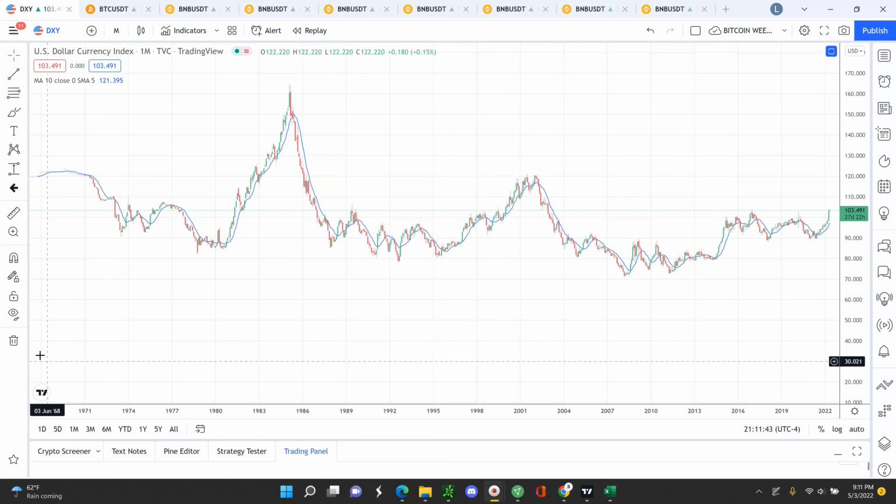But anyway, I'm gonna start out with a technical breakdown of the U.S. dollar currency index, so DXY.